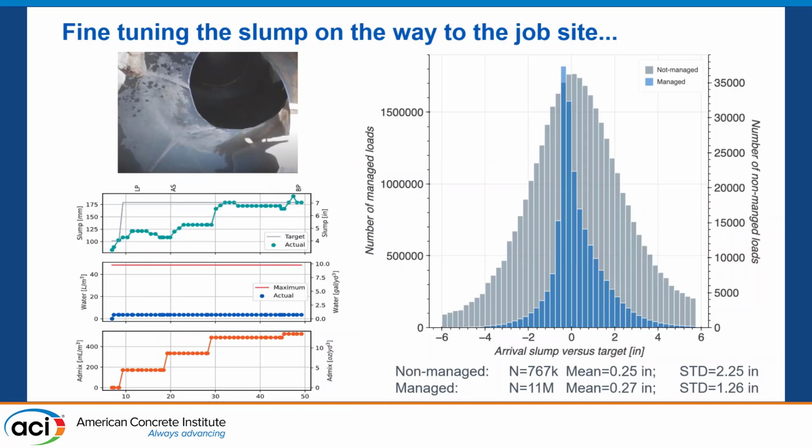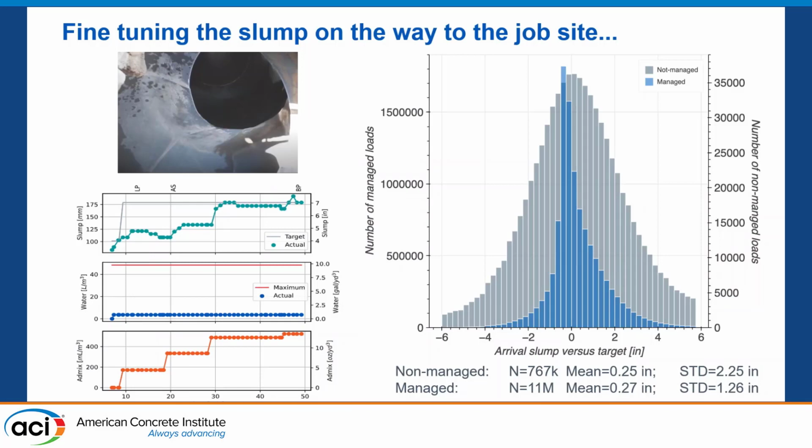In the gray, this is your arrival slump versus target without managing, and in the blue is when you're managing. All right, so you can see that there's an extremely stark difference about what happens when you don't have any control mechanisms and when you do, and how you can really tighten up that standard deviation.